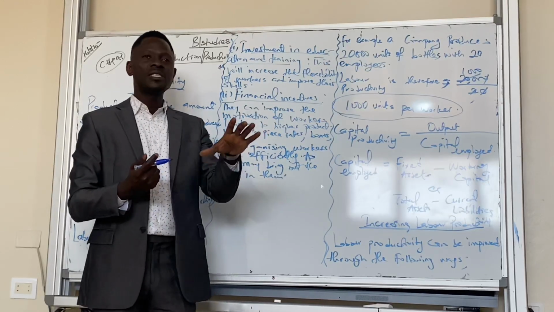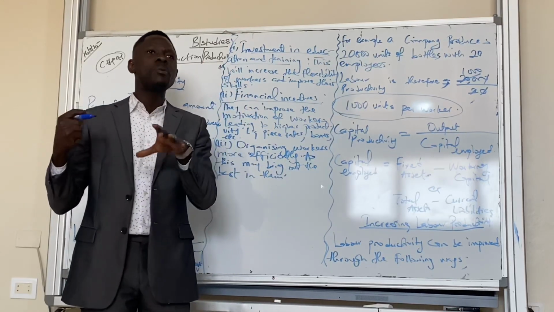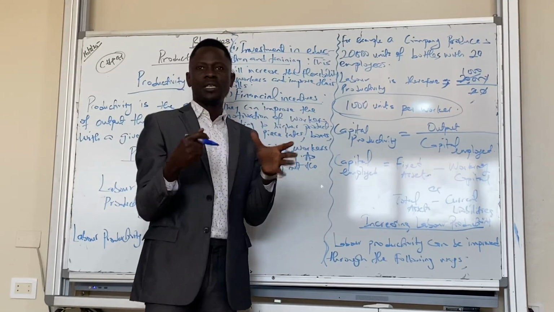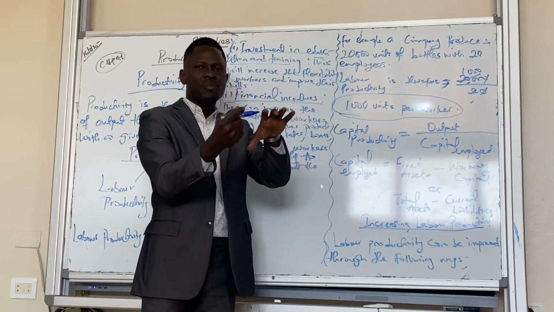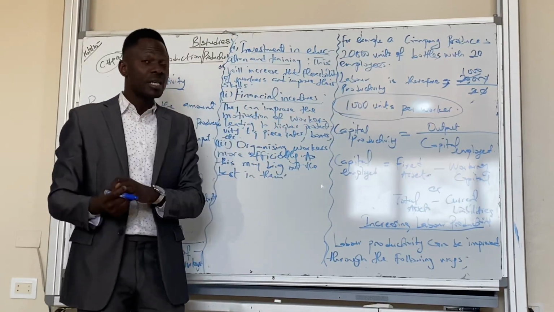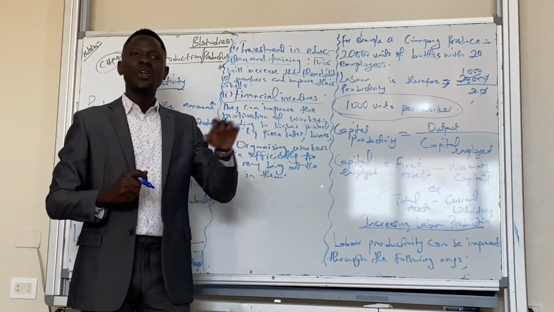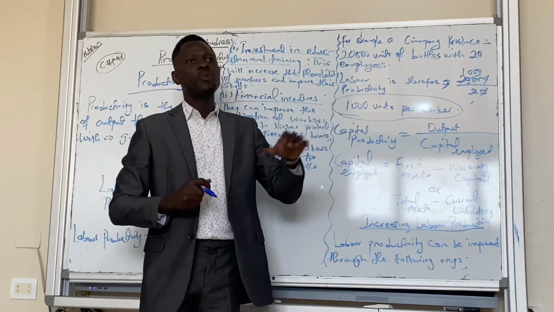So the workforce will be able to produce more output. It also applies to individual firms. If firms are able to invest in training their workers, they will be able to do more. They will have that flexibility to produce more. So training and education will improve labor productivity.